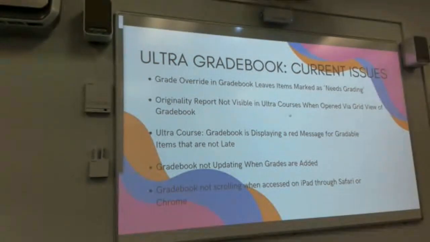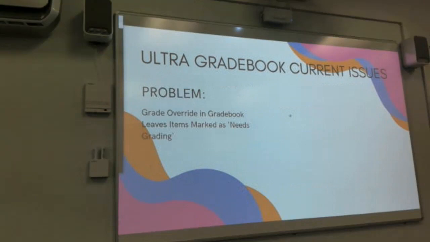So if you override a grade manually in the gradebook, directly, this is where the students' grades are, this is all the columns displayed.